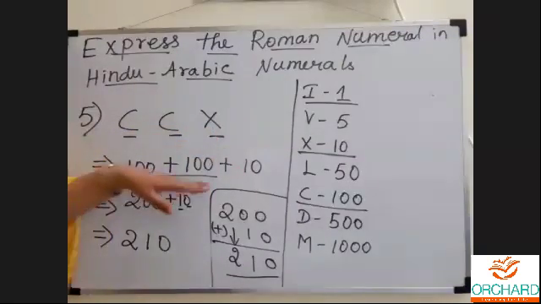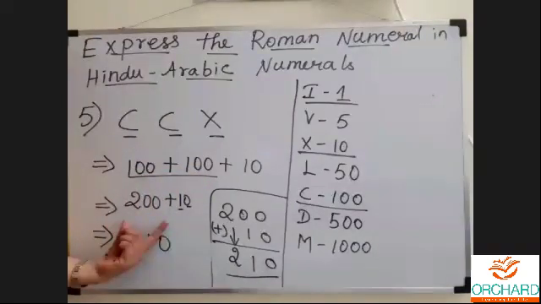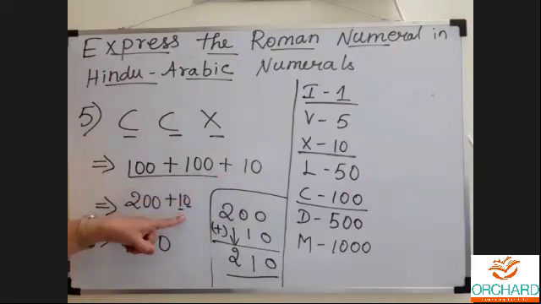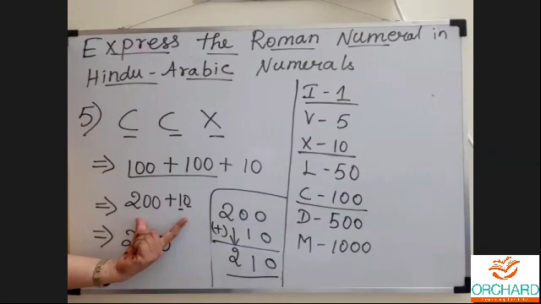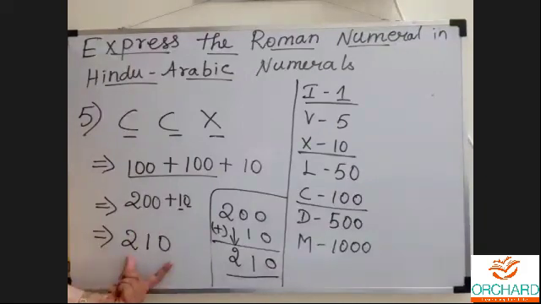Now we just add all the values. 100 plus 100 we get 200. Now write the value as such, plus 10. When we add these two, 200 plus 10 will get 210. So here CCX can be expressed as 210. Very good, ma. Now let's see the next problem.